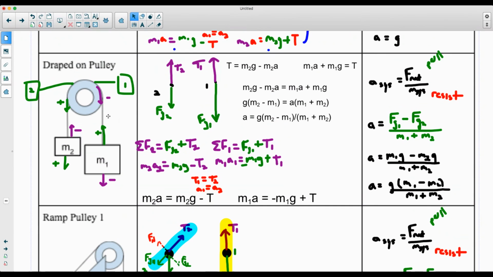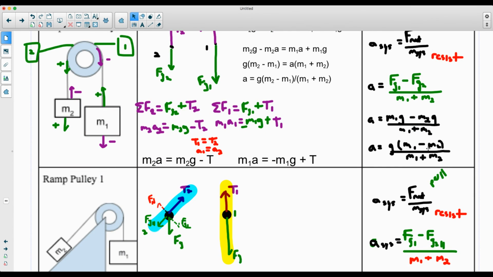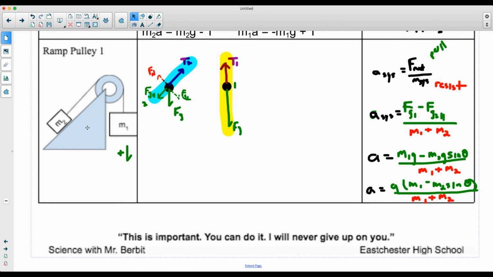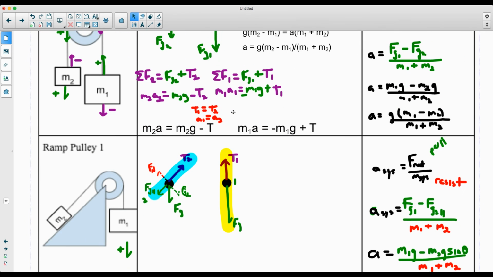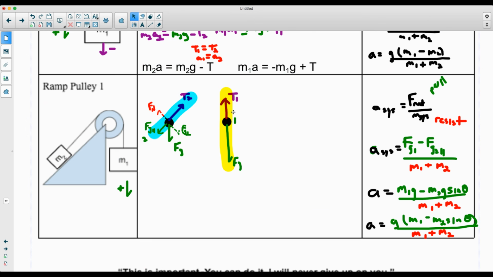Like in this case, in the pulley case, you're pulling the entire weight of the smaller mass. With that in mind, there's your subtraction term. But in the ramp, you're only pulling a component of the smaller mass. So that's why you're only subtracting off M2 sine theta, not the full M2. Which then means, let's start looking at these accelerations. So far on this page, which one has the greatest acceleration?